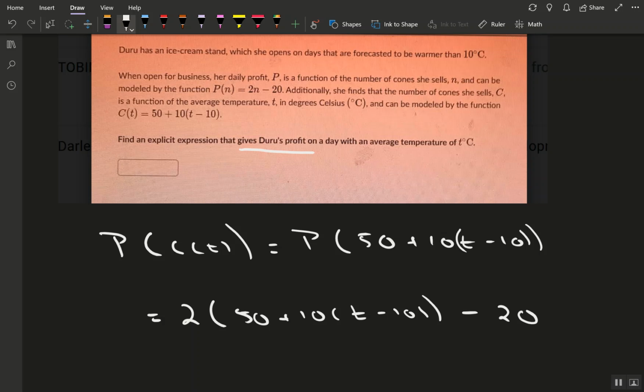I guess the question is, why did I compose P with C and not vice versa? Well, because I wanted my expression to give out a profit. So P is the one that's going to give out the money, and C is the one that says at some time T, the temperature will be so many degrees Celsius. And then since N is the number of cones she sells, what does C do?